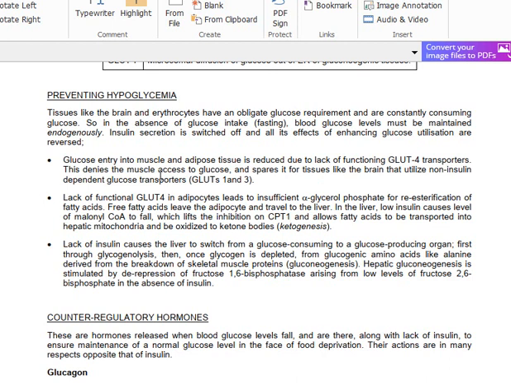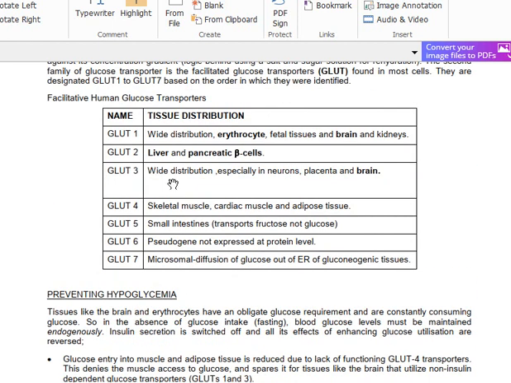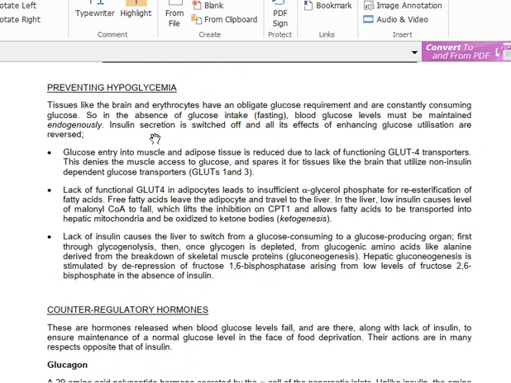The non-insulin dependent glucose transporters are glucose transporter 1 and glucose transporter 3, which are widespread as we have seen here. So all the different parts of the body use glucose transporter 1 and 3. They are not dependent on insulin. Is it clear? All the different parts of the body except the muscles and the adipocytes.